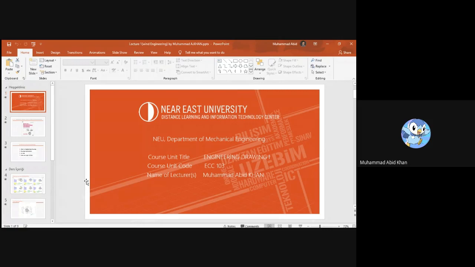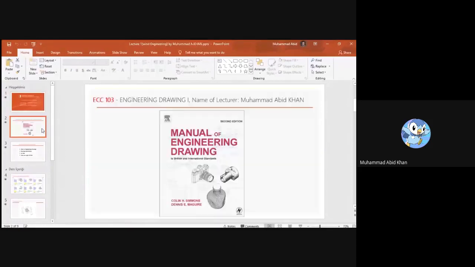I attached the book of Engineering Drawing 1, and I hope you download it. The course code is ECC 103 Engineering Drawing. Let's start over the slides. This one is the second edition.